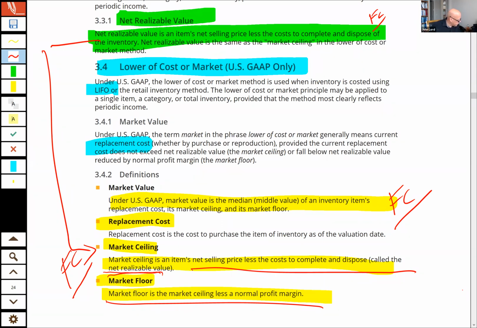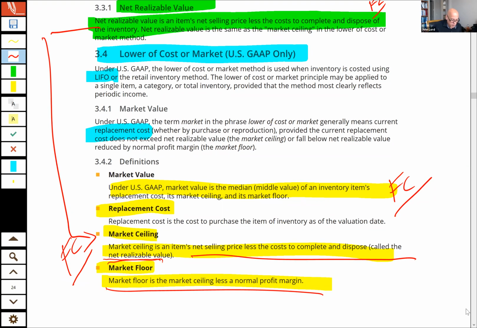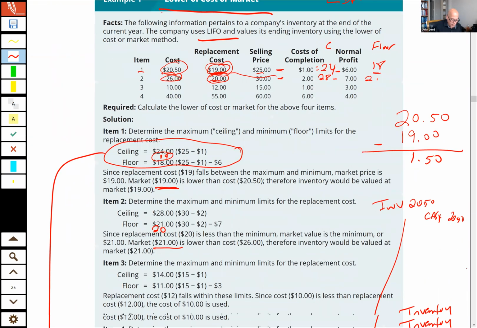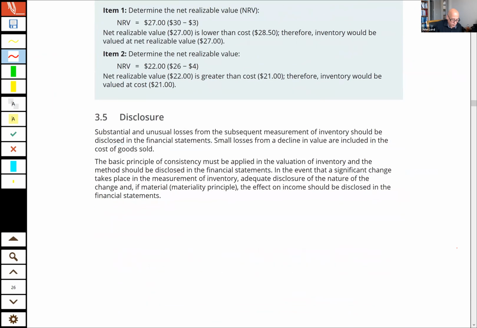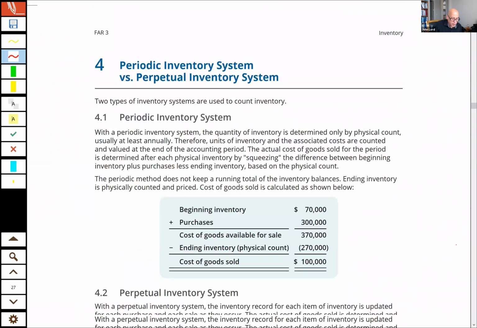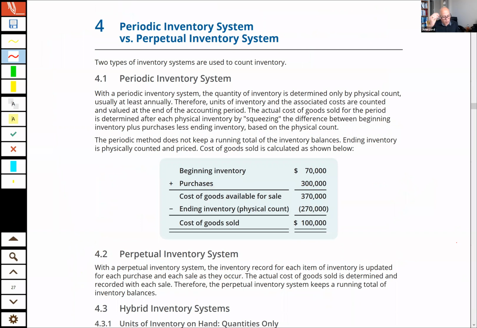All right, good. Let's go ahead then, and take a look at the next page now, where we're going to start to get into comparison of periodic and perpetual. I guess the examiners are going to continue to ask periodic. I would say that these days, most companies will not use periodic, because periodic says, look, I'm not going to ever count my inventory until the end of the reporting period.